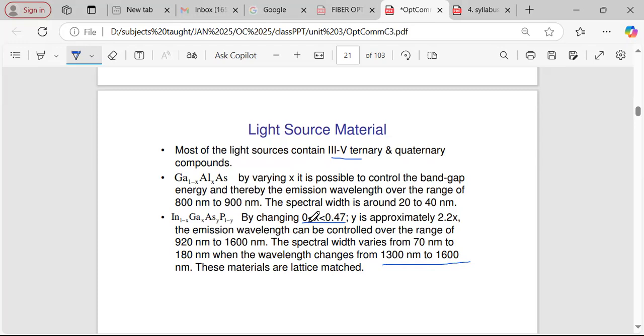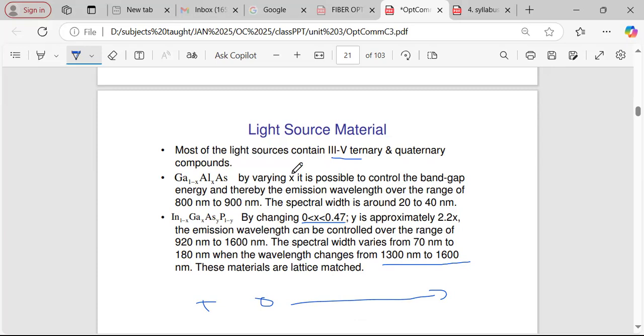We can change this x parameter from 0 to 0.57 and we can get different emission wavelengths that can vary from 920 nanometer to 600 nanometer. What does it mean? If the value of x is increased from 0 to a higher value, then the wavelength also changes from 920 nanometer to 1600 nanometer.